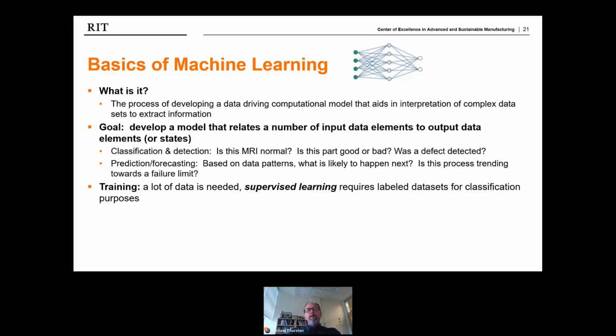So if we're trying to identify what type of defect, for example, I may be generating on a process based on process data, I have to have many examples of that defect to show the machine learning model and to train it with so it can recognize those. You think of facial recognition algorithms, those are trained on millions and millions of images off the internet to learn how to distinguish faces, for example.